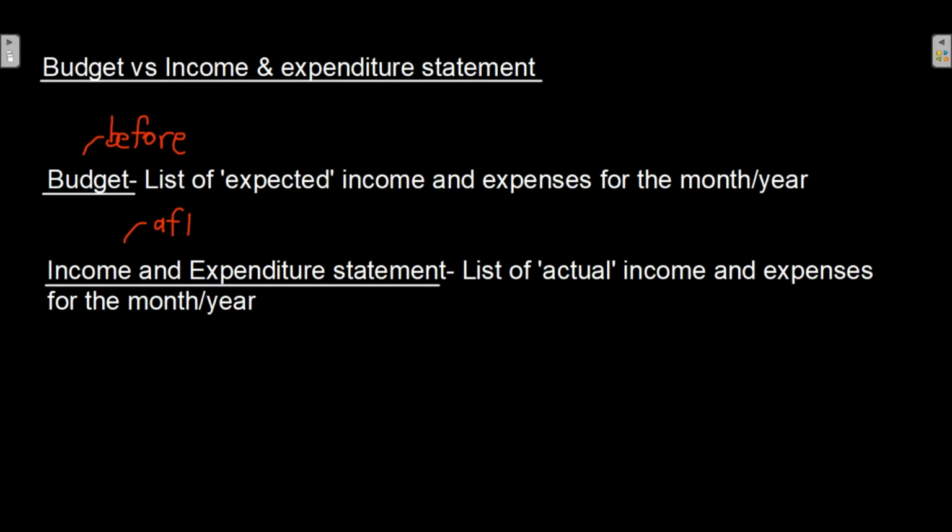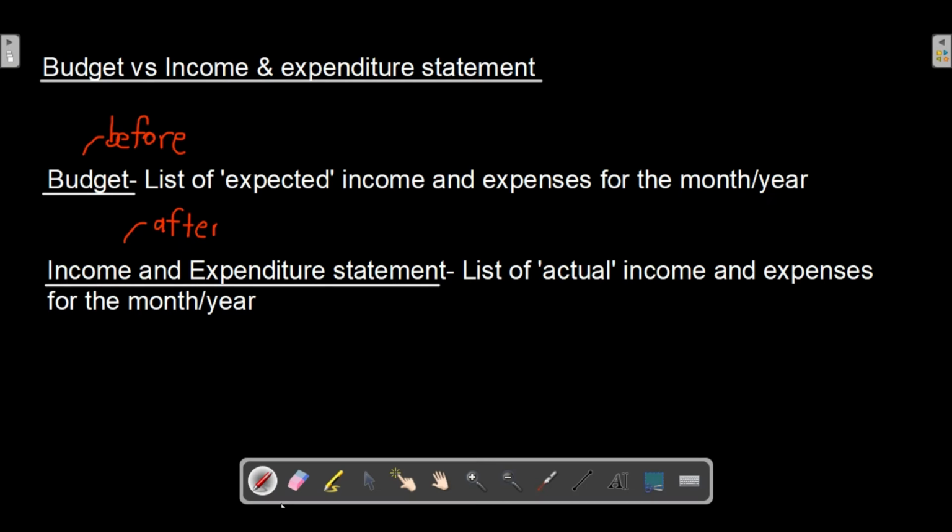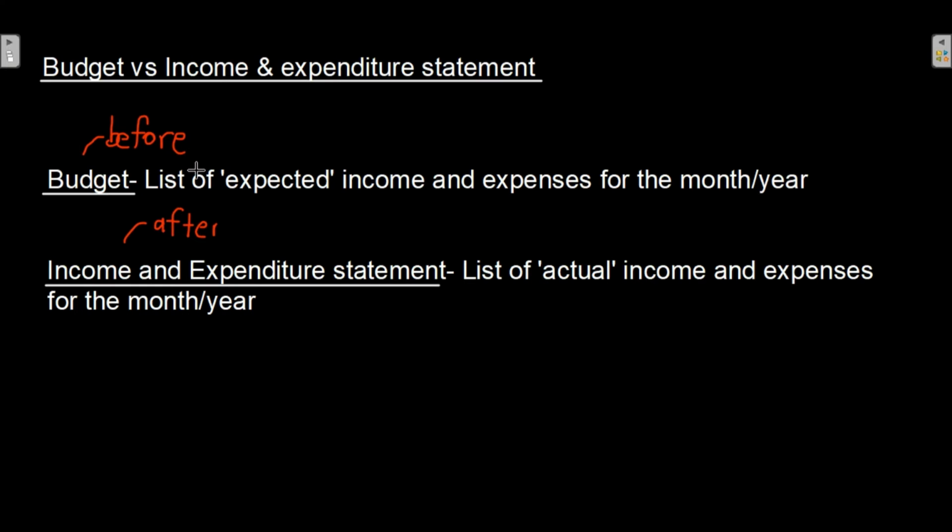Okay. So, you can expect a particular income. Let's say you are a landlord and you expect income from rent. But it occurs that sometimes tenants do not pay the rent. And so you would put in that rent in your budget.